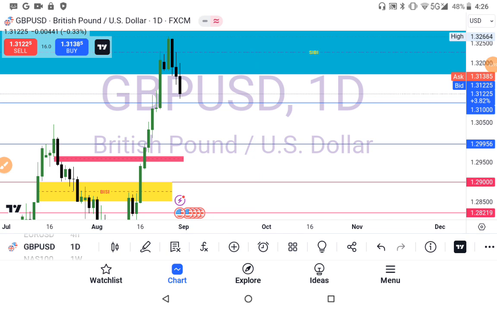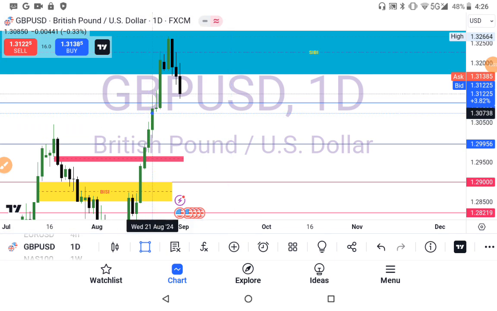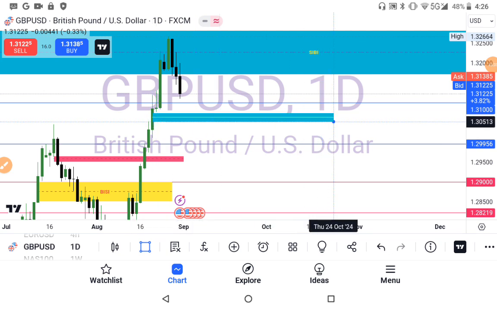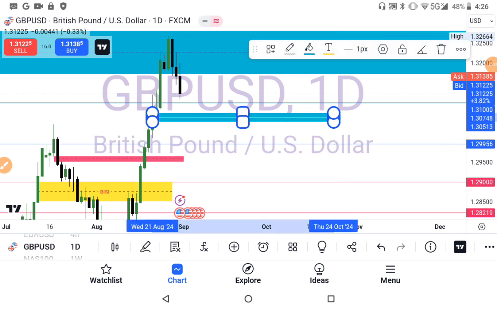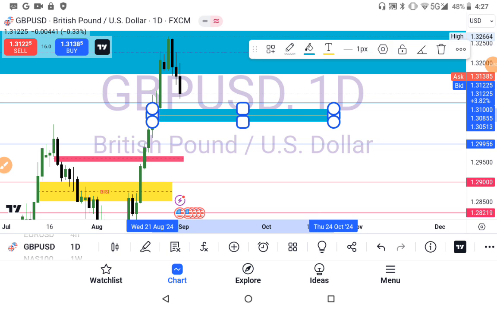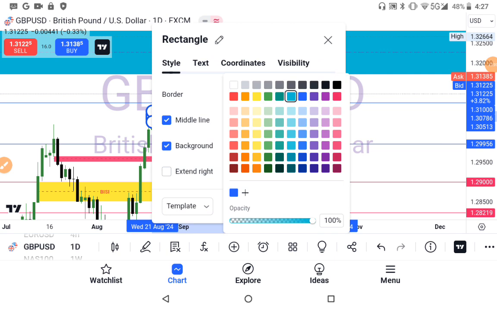The movement into a BC here. We have this BC. Let me change it to yellow.